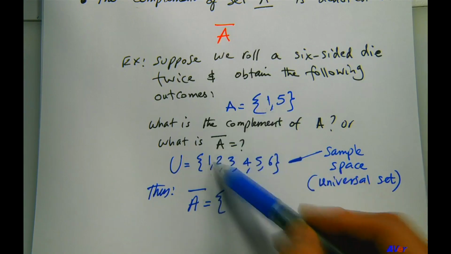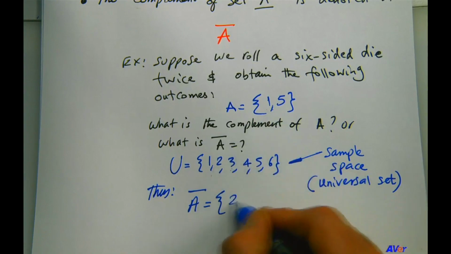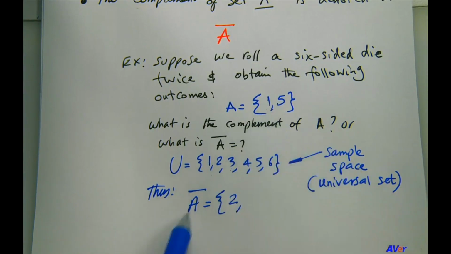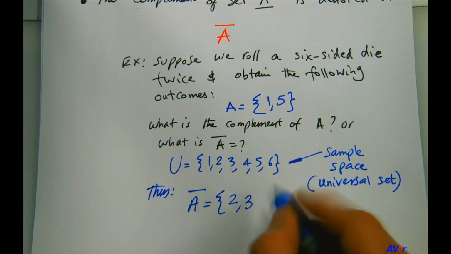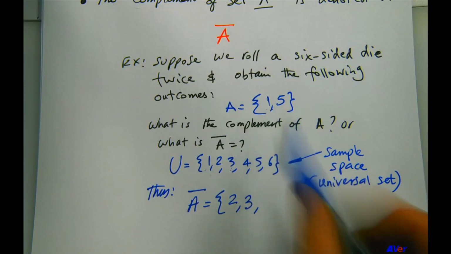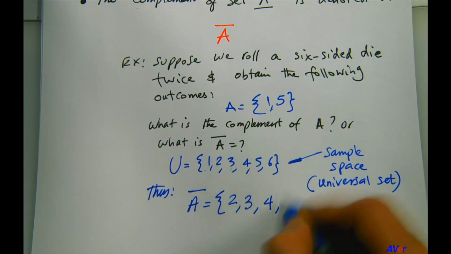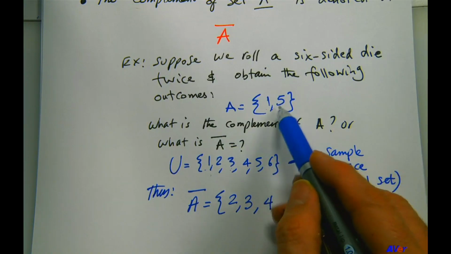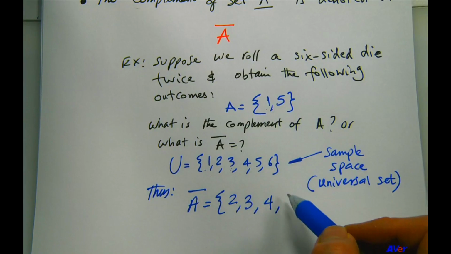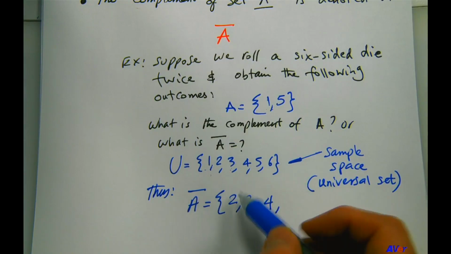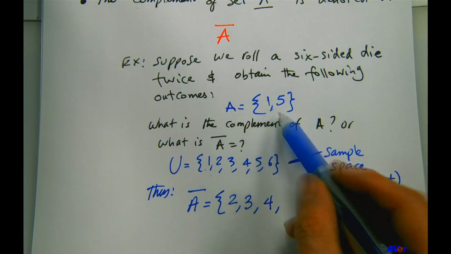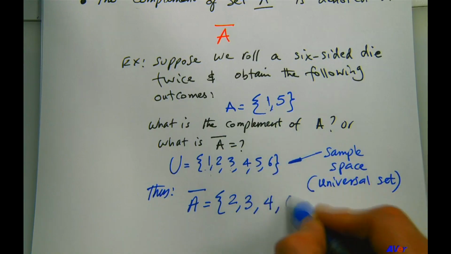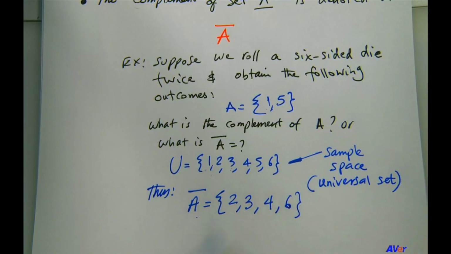So 1 is there, it's not going to be part of the complement. 2 is missing from A, so it's going to be part of its complement. 3 is part of the sample space but not part of A, so it's going to be part of A's complement. 4 is part of the sample space but not part of A, so it has to be part of the complement of A. 5 is part of the sample space, but it's also present in set A, so we're not going to list it, because A complement should have anything that is part of the sample space but not part of the set A. 5 is there, we don't list it. 6 is part of the sample space, but it's missing from A, so it has to be part of the A complement.